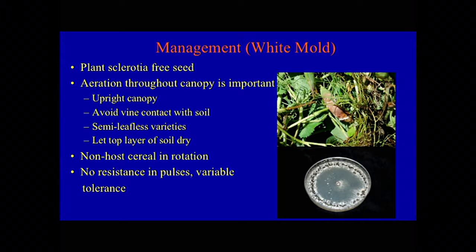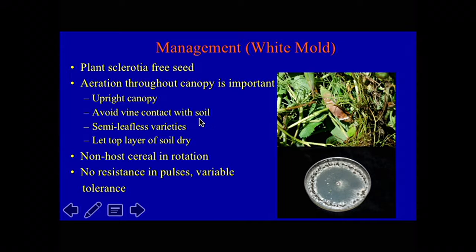For example, in peas, you have the aphylla or semi-leafless type that stand up and don't have as much canopy versus the normal type. And the normal type are going to be more susceptible to white mold than the upright semi-leafless canopies. You also want to avoid vine contact with the soil.